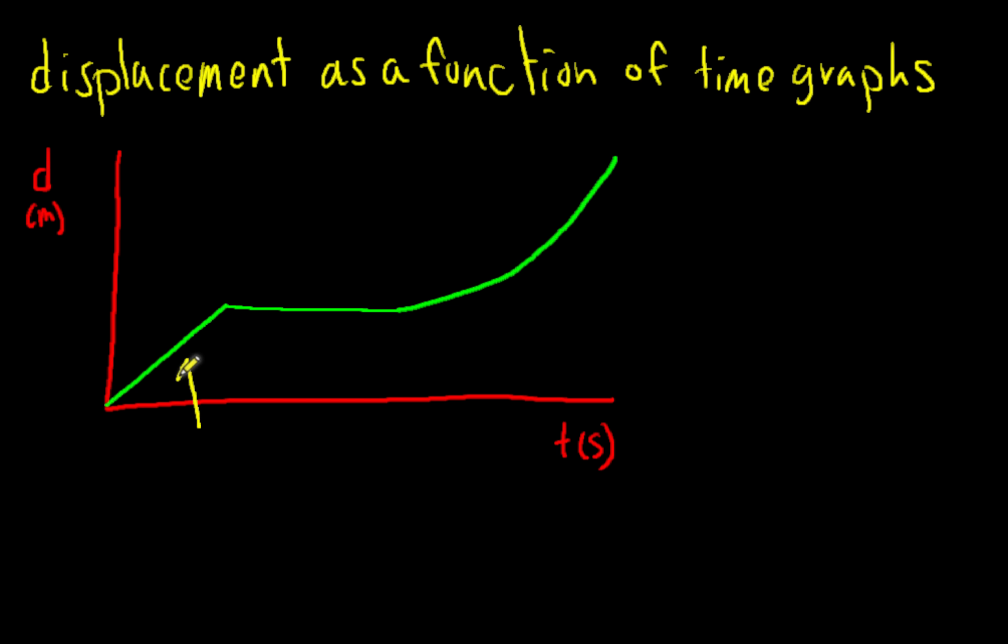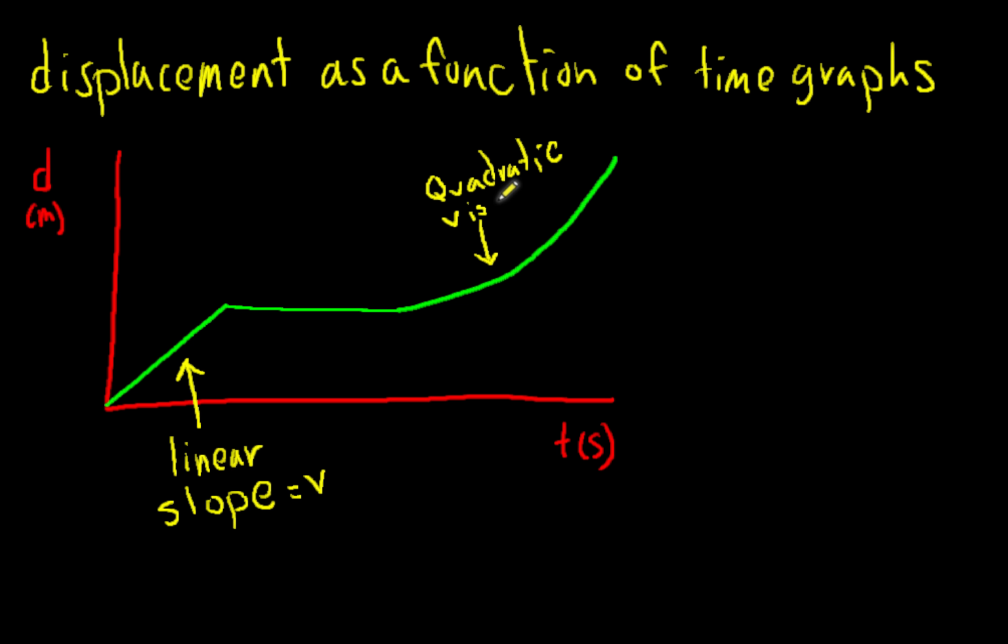A linear-shaped graph on a d versus t graph means we have constant velocity. The slope of this linear line is equal to the velocity. A curved graph, we've learned in previous lessons, is a quadratic graph. And this quadratic-shaped graph means velocity is changing, or we have constant acceleration.